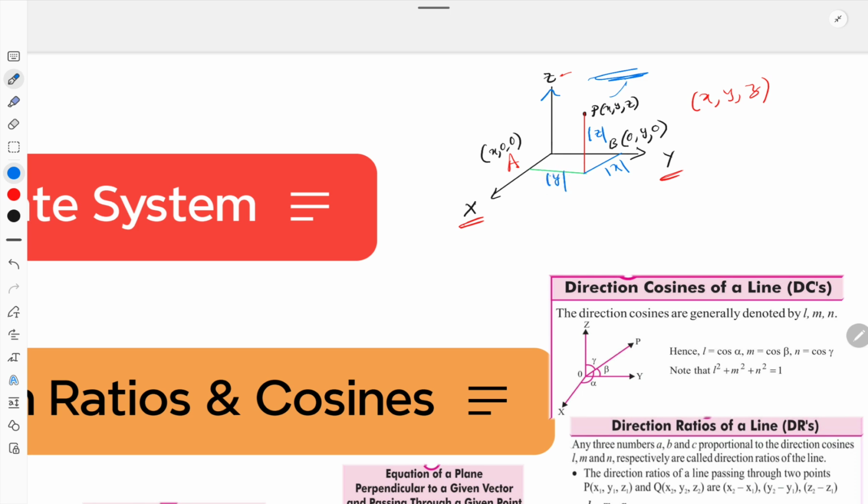This is a very important point. In 2-dimensional geometry, the perpendicular distance of a point (x, y) from the x-axis is |y| and from the y-axis it is |x|, whereas here the perpendicular distances of the point to the planes will be |x|, |y|, |z|. So every point in space can be uniquely expressed as an ordered triplet (x, y, z).